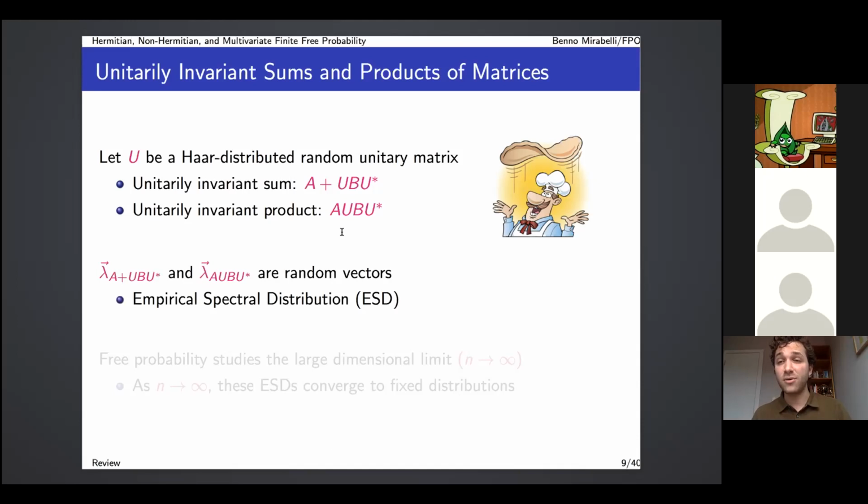But then what I get out is a random matrix. So that random matrix only depends on the equivalence classes I started with, not on the individual matrices. So it only depends on the starting eigenvalues I had.